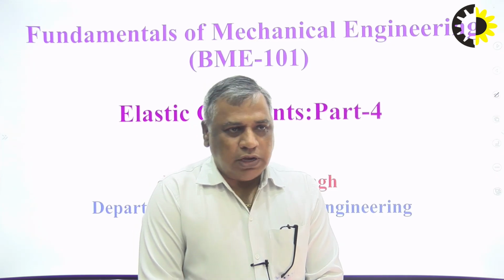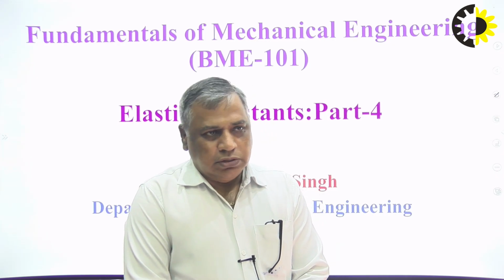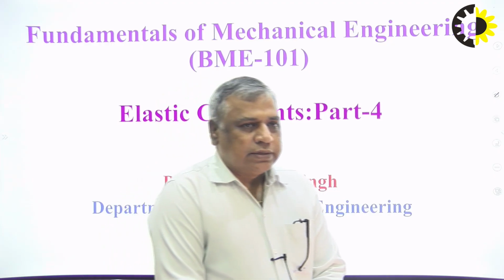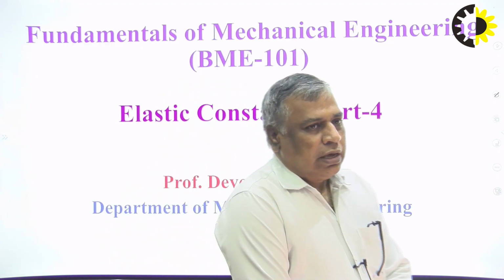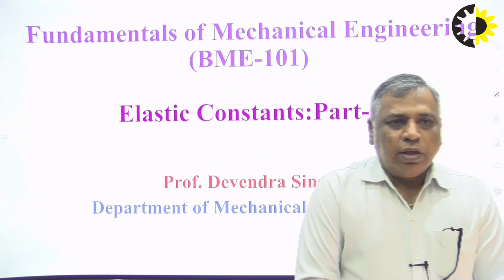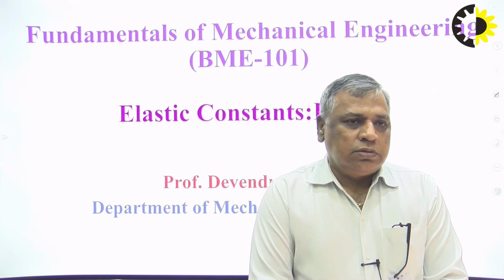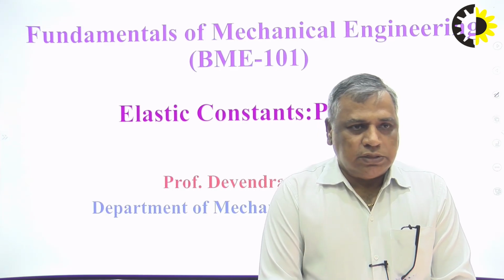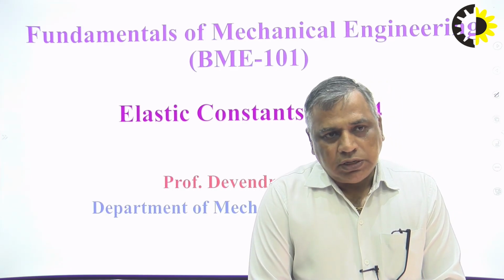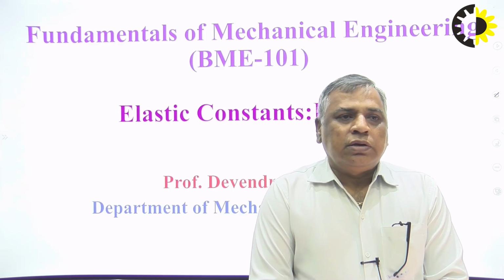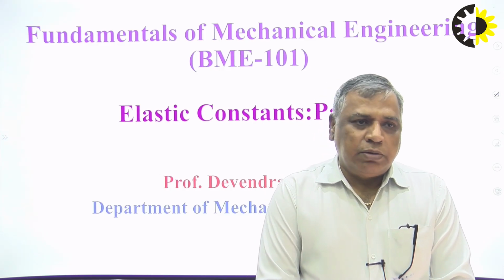Two problems we attended in the last lecture to determine the elastic constants. In the first problem, we determined the Poisson ratio based on the values of modulus of elasticity and modulus of rigidity, which were given. It was a direct problem.